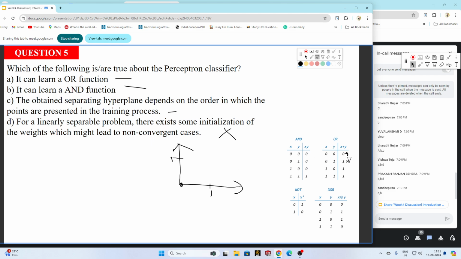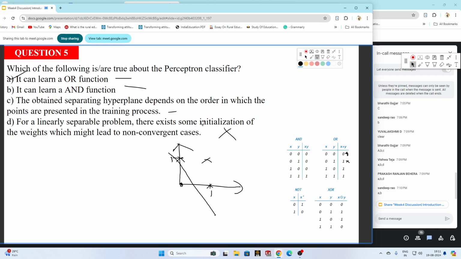Now 0 1 gives 1, 1 0 gives 1, and 1 1 gives 1. Now it can be separated, right? Here we can draw a plane or line; as we are talking about 2 dimensions, it is a line. We can draw an infinite number of lines and separate the two classes. So it can learn an OR function, that is true.